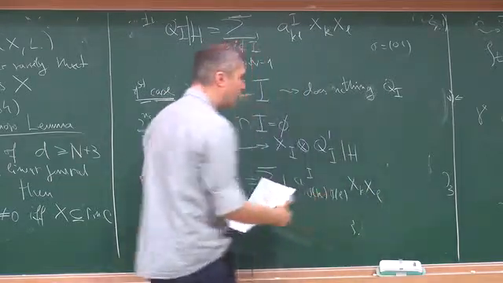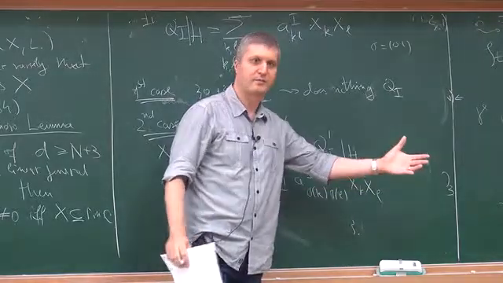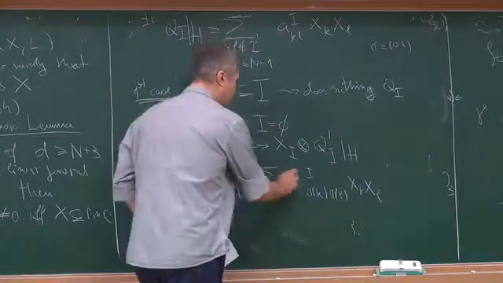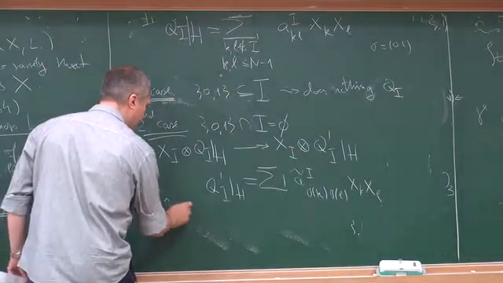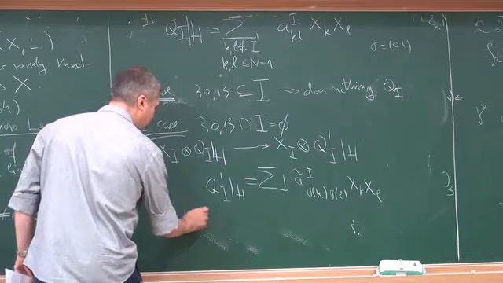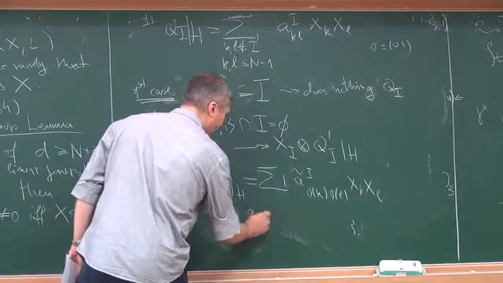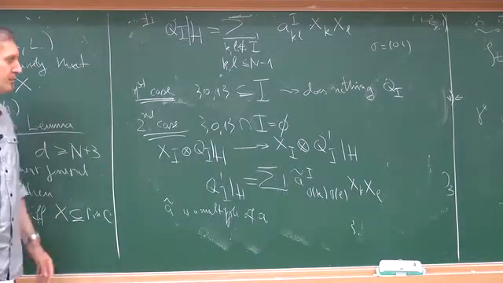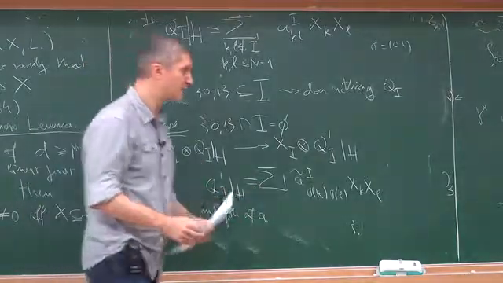They are not quite the same coefficients, because x0 might be sent to a multiple of x1 and x1 to a multiple of x0. We will just put a tilde there, and a tilde is a multiple of a with the corresponding coefficients. So that's how this quadric is changed.